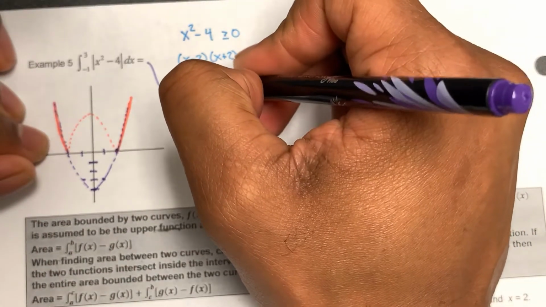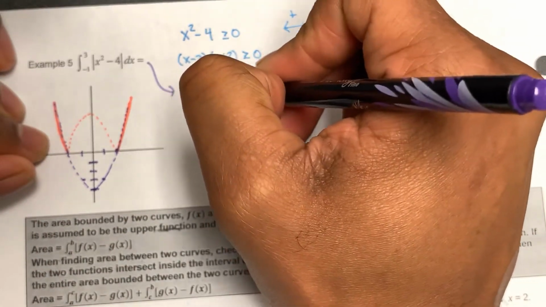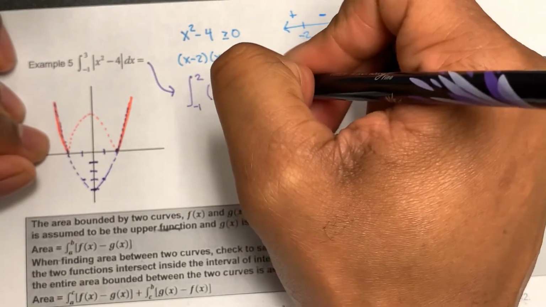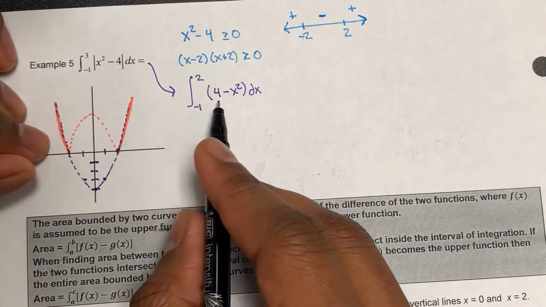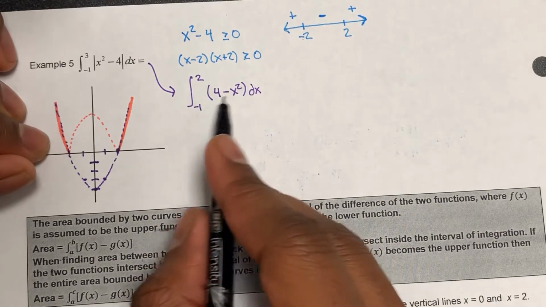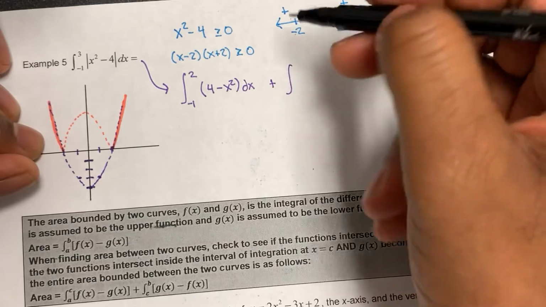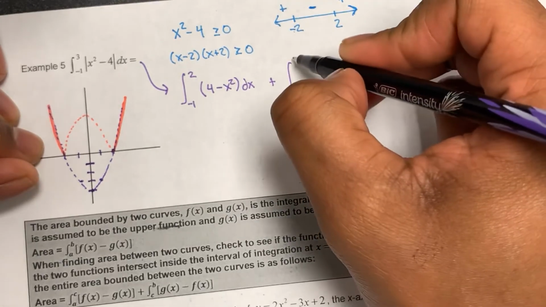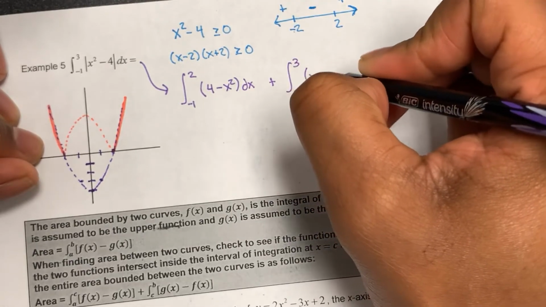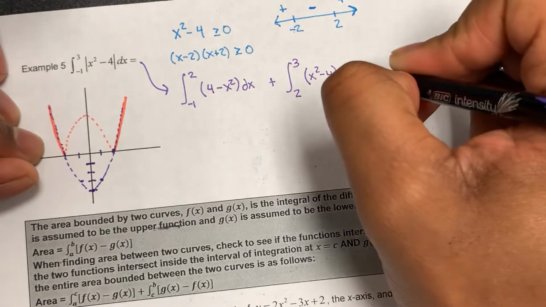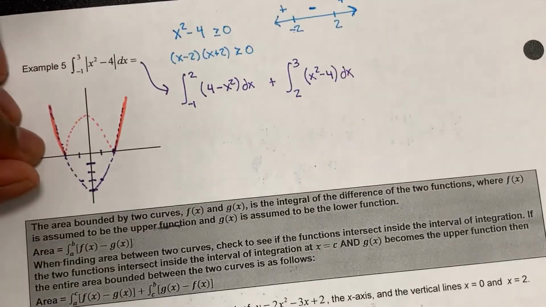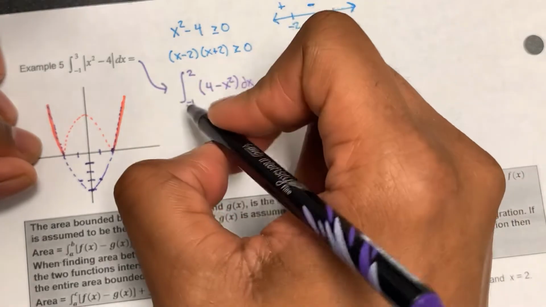So that's just going to be 4 minus x squared dx, so that from -1 to 2, everything is positive, and then plus the integral from 2 to 3 of just x squared minus 4 dx. So the integrating should be simple.